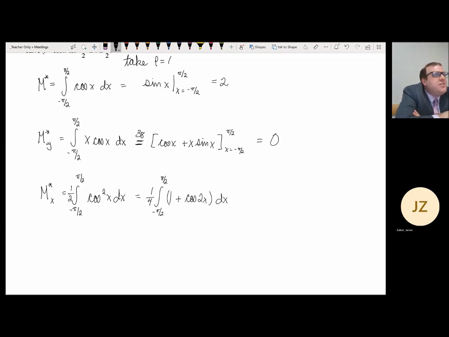Using the reduction identity, cosine squared is 1 plus cosine of 2x all over 2. Cosine of 2x is going to integrate out to 0.